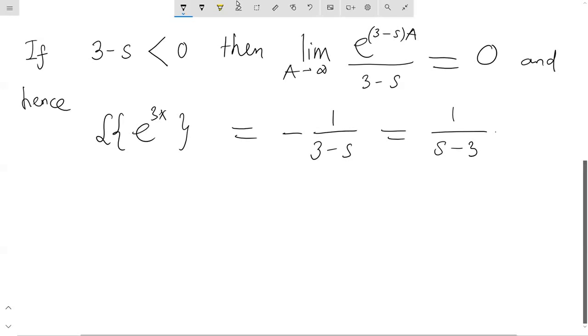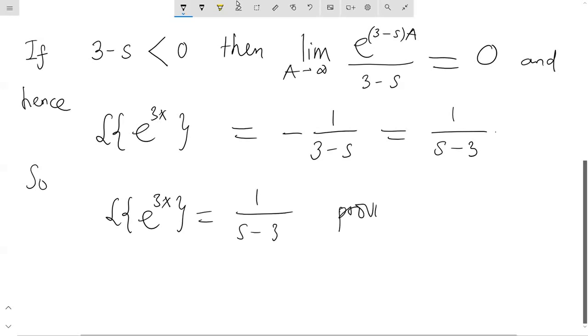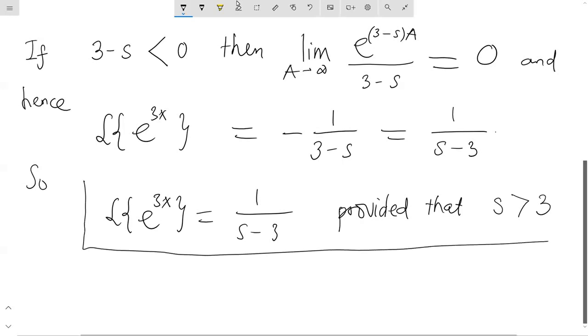So the formula is Laplace transform of e to 3x equal to 1 over s minus 3, but we need to have a condition on s, provided that 3 minus s is negative, which is equivalent to saying that s is bigger than 3.